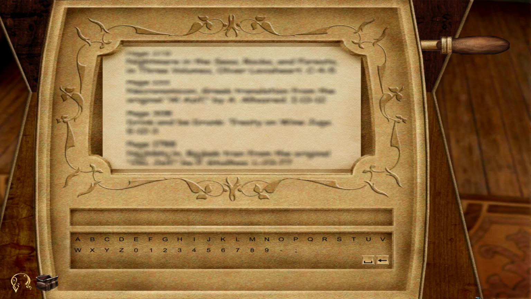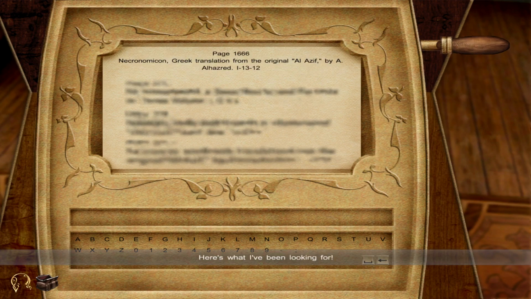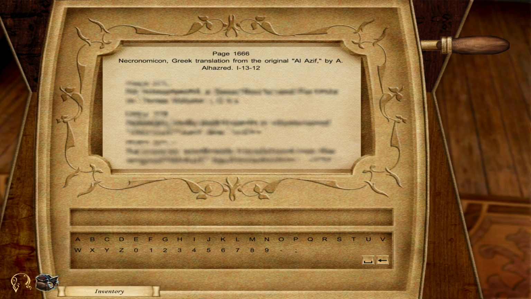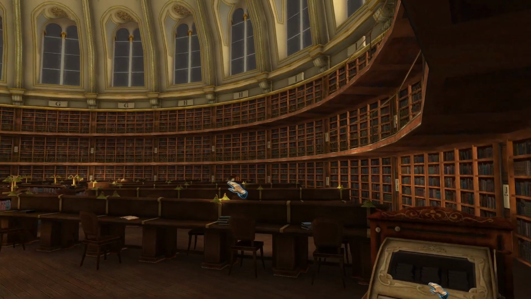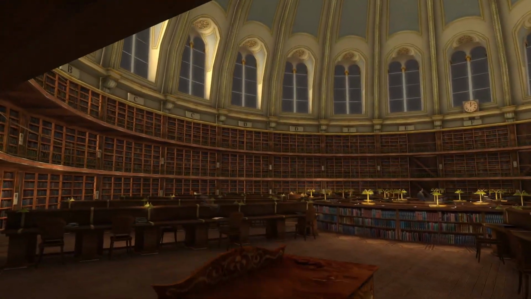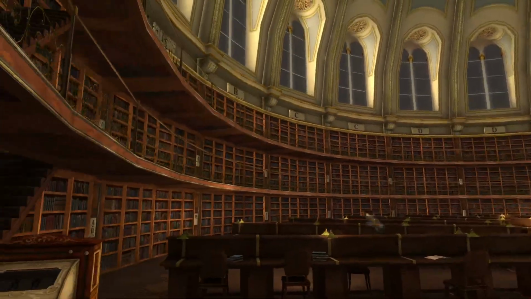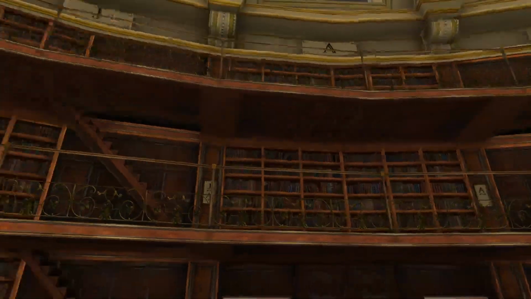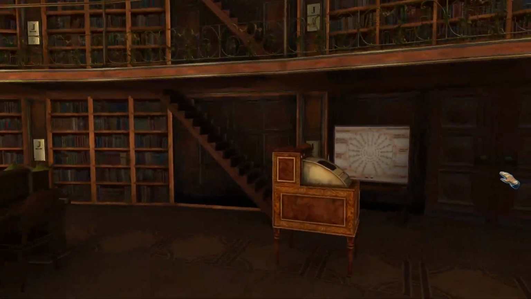I'm looking for 1666. Here's... what do we got? I'm looking for the Necronomicon. Greek translation from the original Al-Azif. Okay. All right. Where the hell is that? No? Oh, where are you? Must be back here, right? I can't see it.